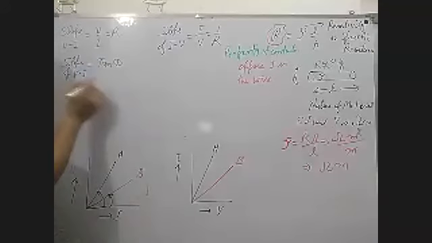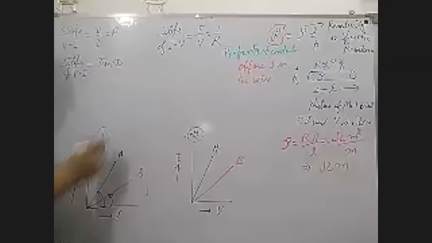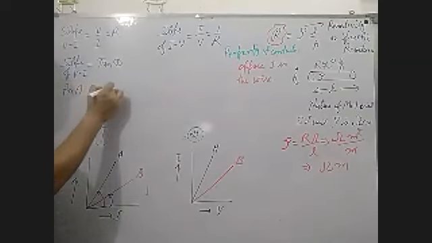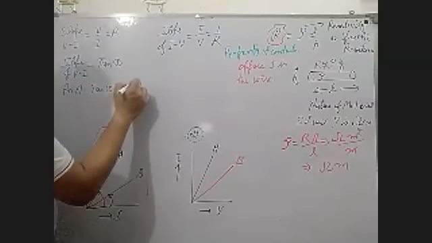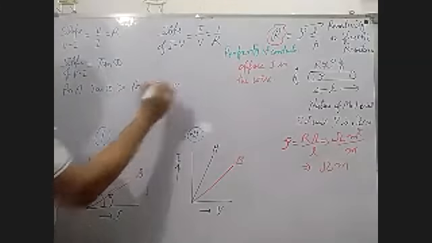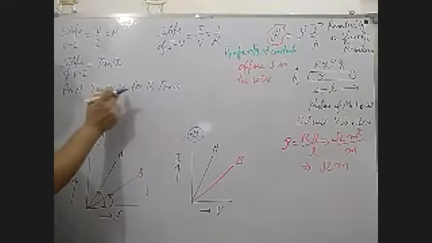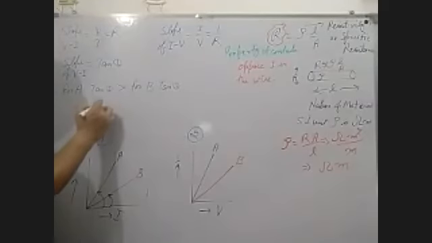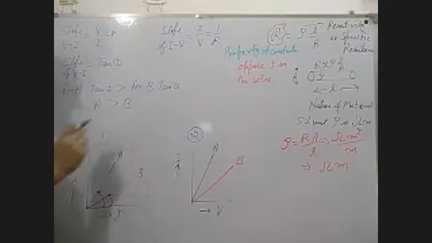In the first case, the VI graph is there and tangent theta is greater for A. For A, the tangent theta value is greater than for B. Okay, you can see this thing. If tangent theta of A is greater than B, then the resistance of A is greater than B.